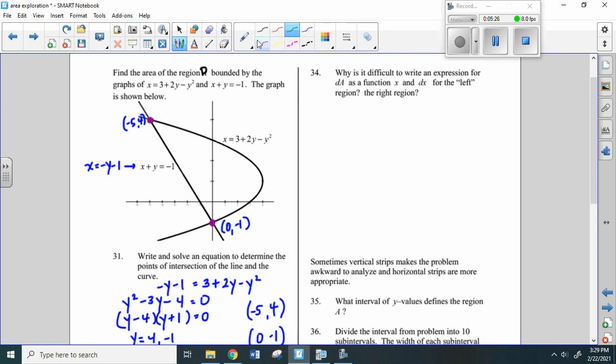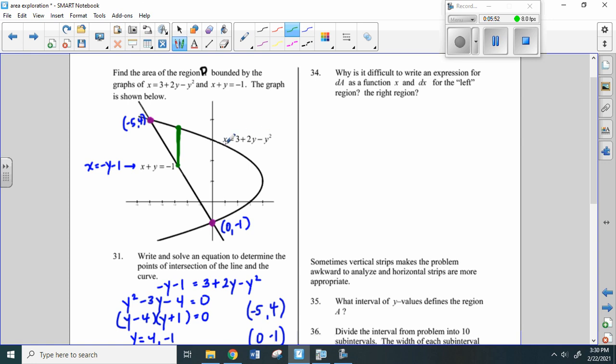Okay, so let's go back to the strip I drew that connects these two. If I wanted to figure out the length, top curve minus bottom curve, well, if we did it the same way we did before, you have to be able to solve your equation for y and only have x's in it.